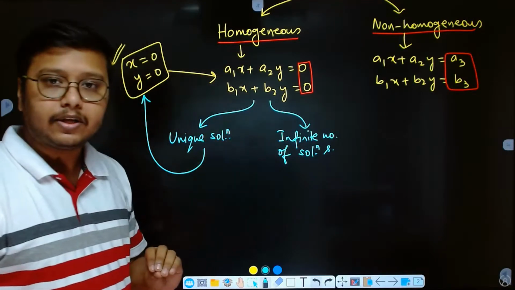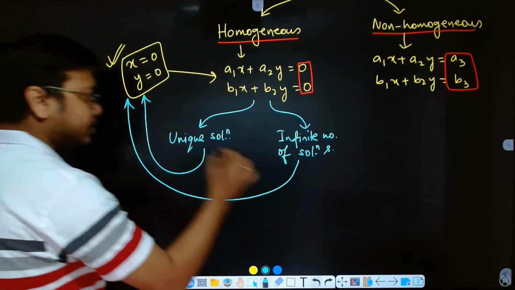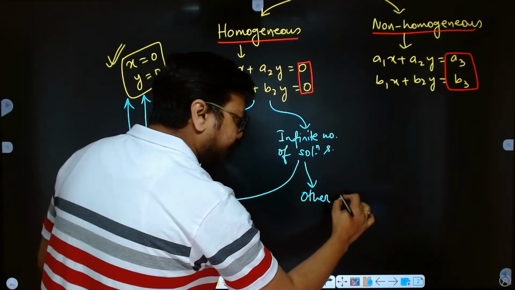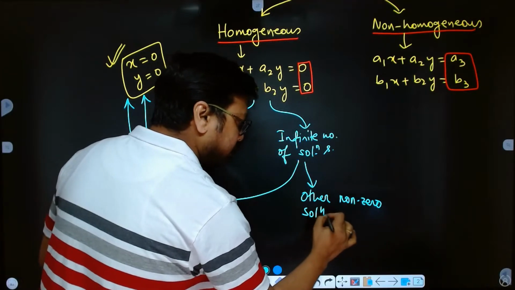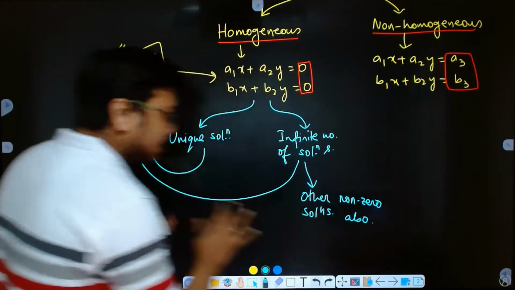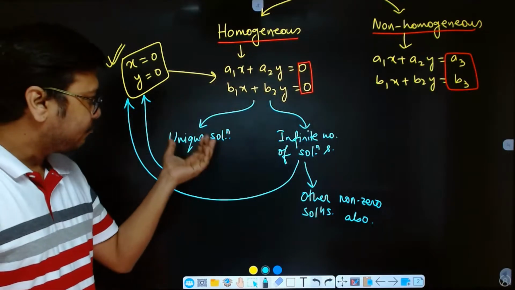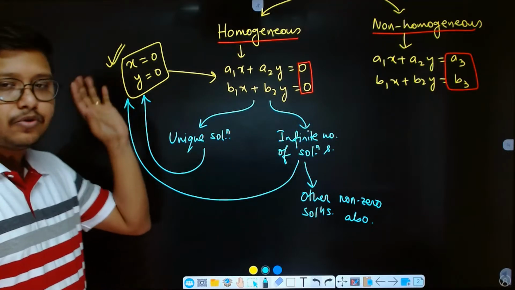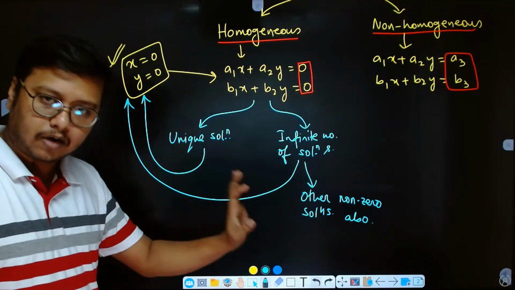When I'm talking about infinite solutions, I'm saying that 0, 0 is a solution, and other than this, there are other non-zero solutions also. Okay, so this is the complete picture. A homogeneous system of equations can have a unique solution or infinite solutions. If unique solution, then 0, 0 is the only solution. If infinite solutions, then 0, 0 is one of the solutions.